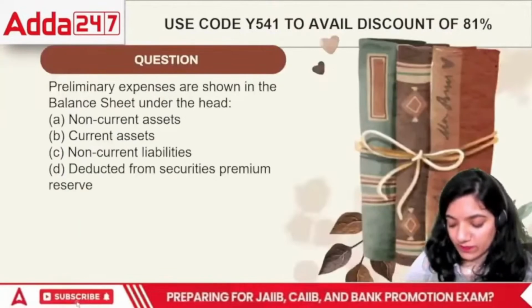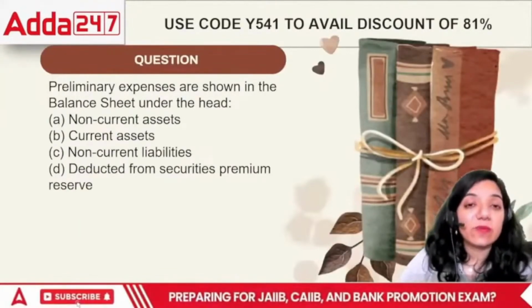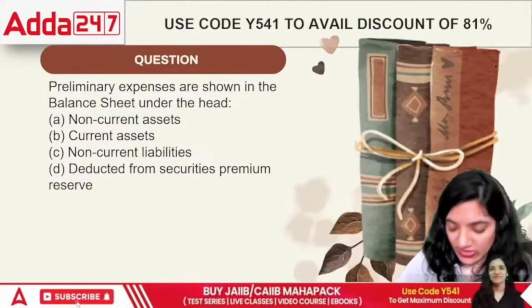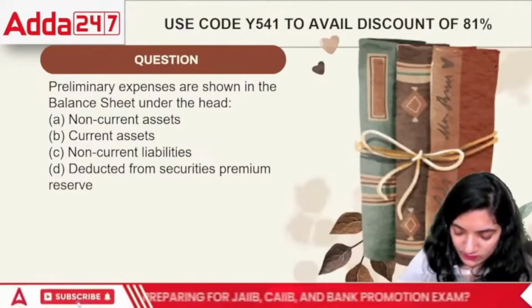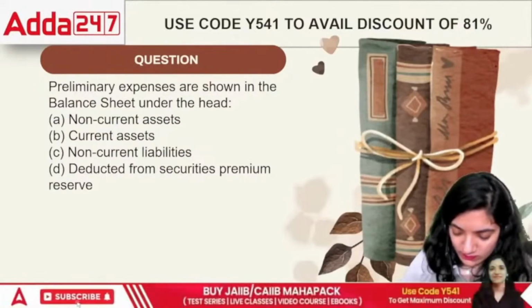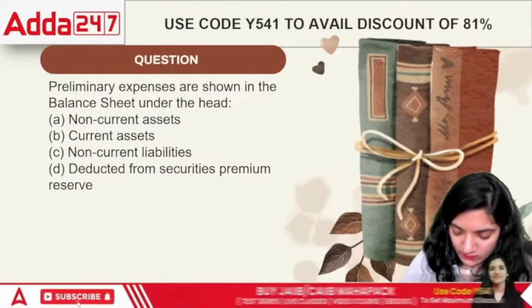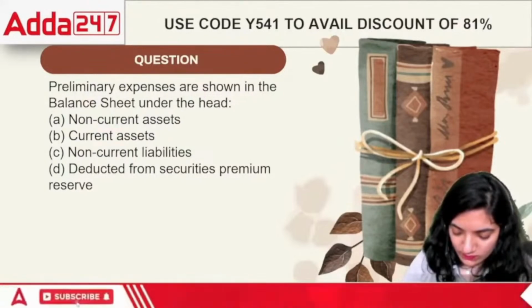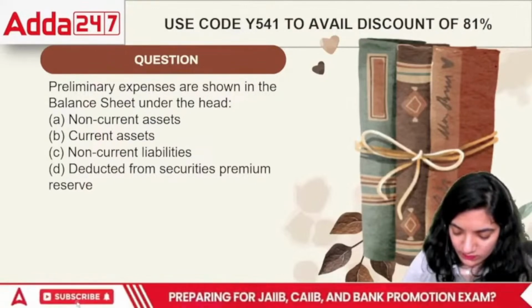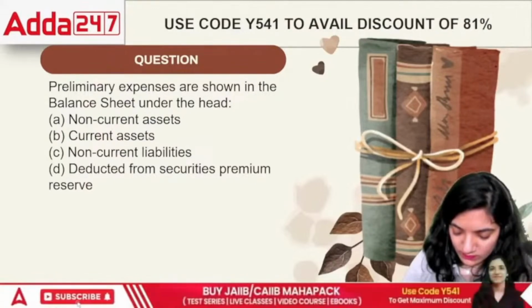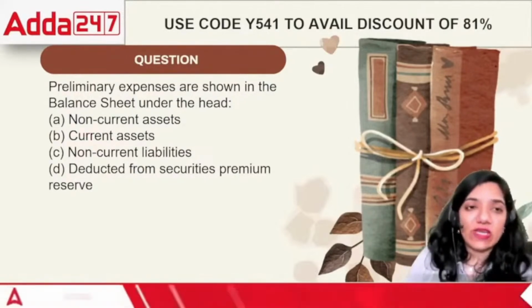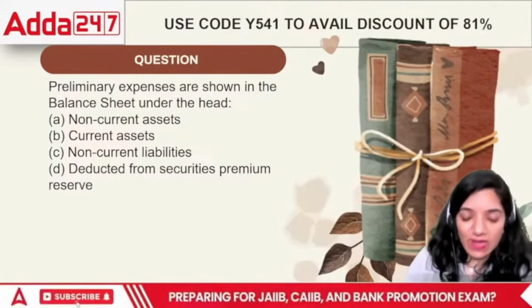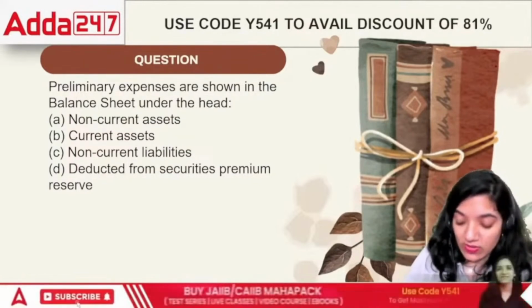Next point. Preliminary expenses are shown in the balance sheet as under: non-current asset, current assets, non-current liabilities, or current liabilities.